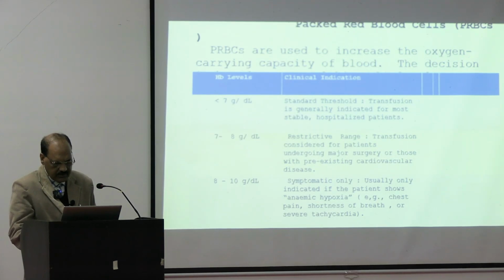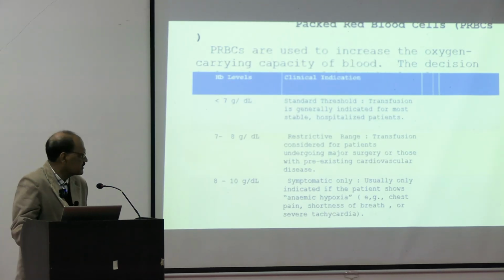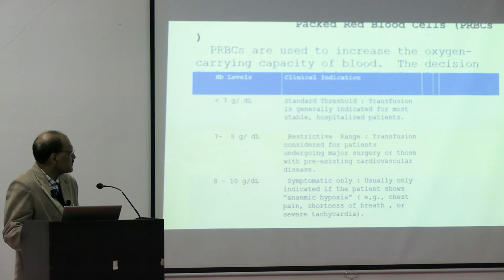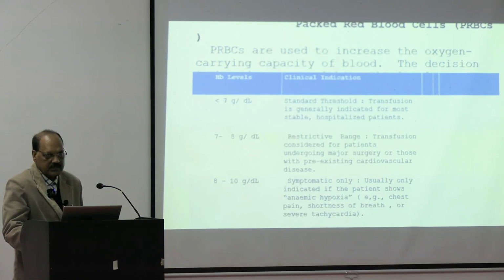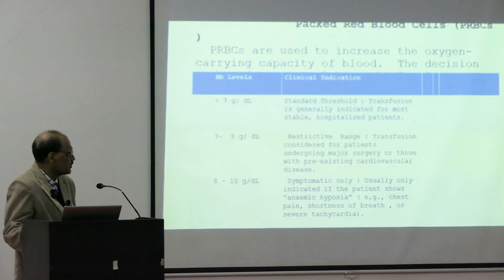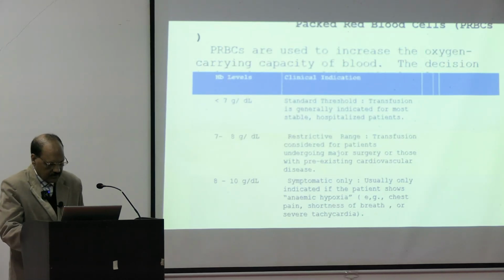Transfusion is considered for patients undergoing major surgery or those with pre-existing cardiovascular disease. If there is any hospitalized patient having pre-existing cardiovascular disease, or we are preparing the patient for major surgery, usually cardiovascular surgery, in these patients we have to give the blood transfusion.